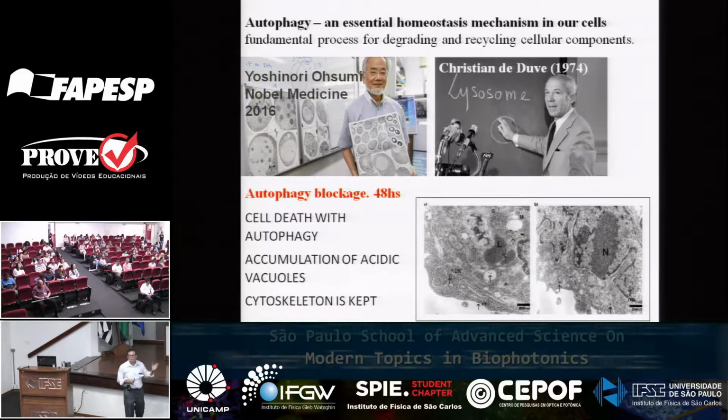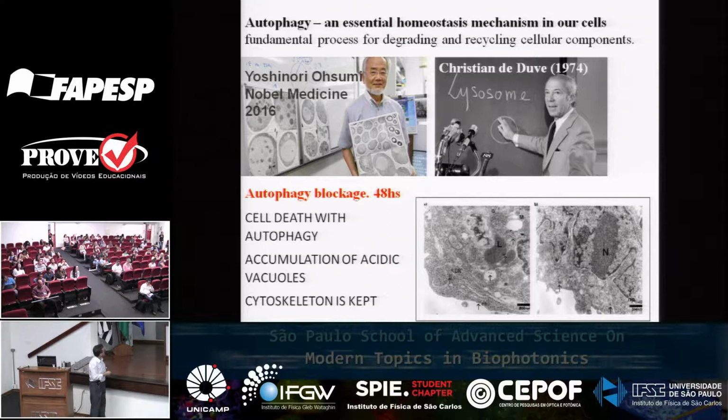There was literature of very important people discussing pro-survival, pro-death autophagy. After the Nobel Prize, I mean, this was made clear, because this is a fundamental process of degrading and recycling materials. So this is a survival mechanism. And how does it get to be used to kill the cell? You have to block autophagy. That's how you get cell killing.